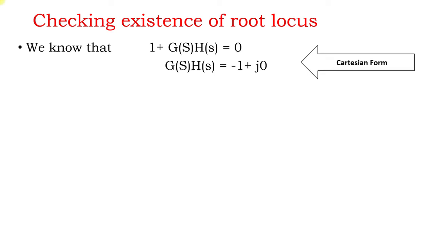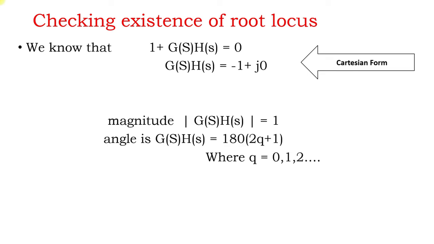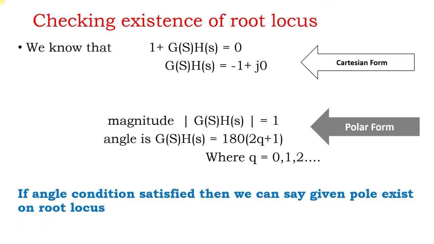Now we'll convert this Cartesian form to polar form. In the polar form it consists of two parts, one is magnitude, another one is angle. So this is what we can call the polar form. From these two conditions, one of them is very helpful for checking the existence of the root locus, that is called the angle condition.